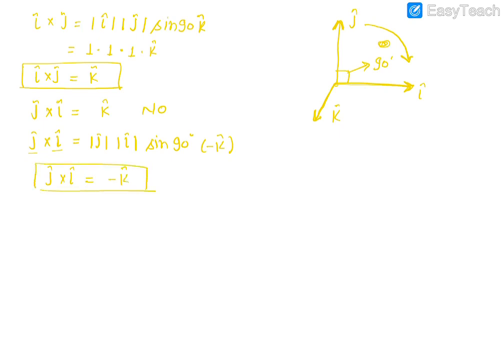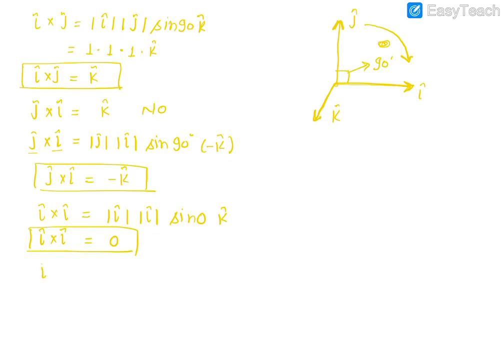Similarly, if I want to find i cross i, what will this value be? i cross i will be mod of i, mod of i, sin 0, because the angle between them is 0, times k cap, so it becomes 0.